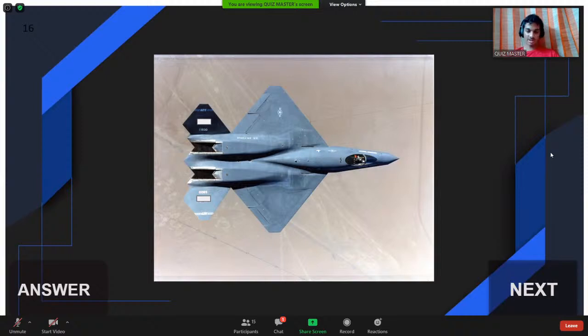Okay, Team 3 doesn't seem to have an answer. So I'll be giving this to Team 4. Team 4, do you have an answer for me? Team 4 says pass. Team 5 pounces.